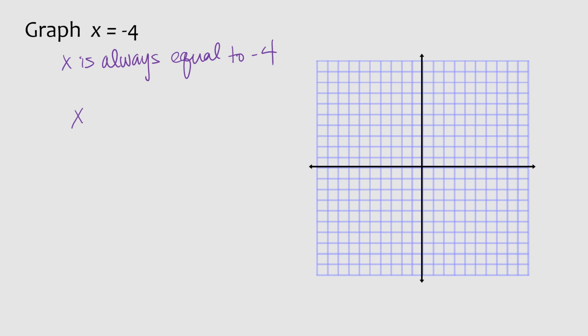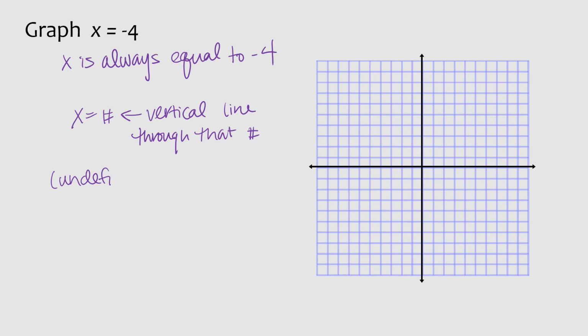So if I ever see x equals a number, it's going to be a vertical line through that number. And then it's always going to be an undefined slope. So in this case, it says x is always equal to negative 4.